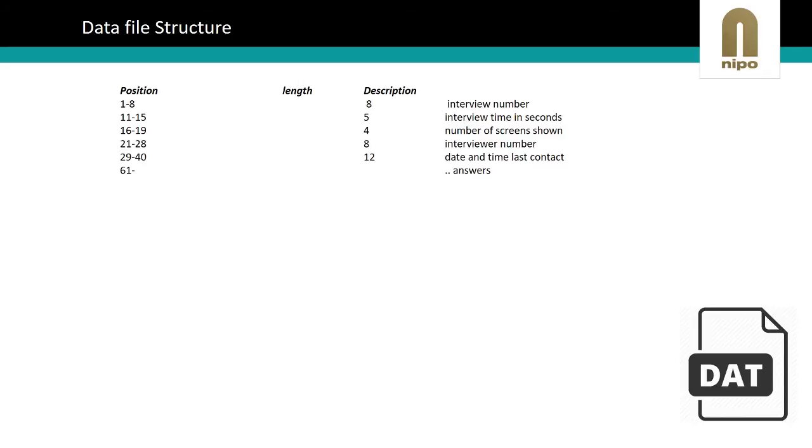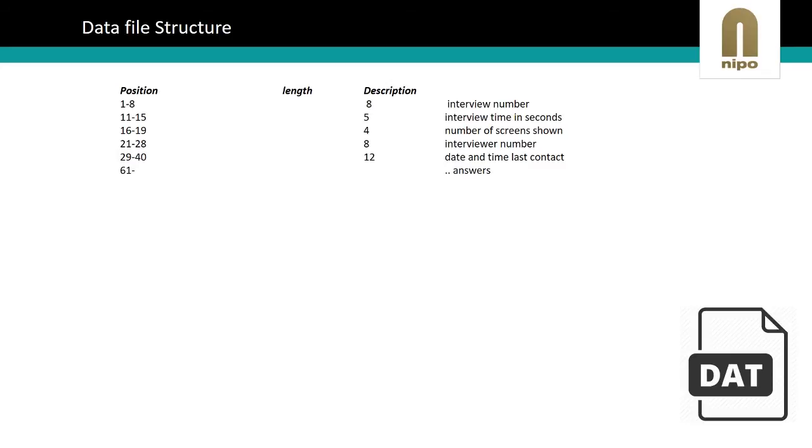From 16 to 19, the number of screens shown. Then the interviewer number, and the date and time of the last contact. Of course, this is when the interview was successful. And then from 61, you will see the answers.